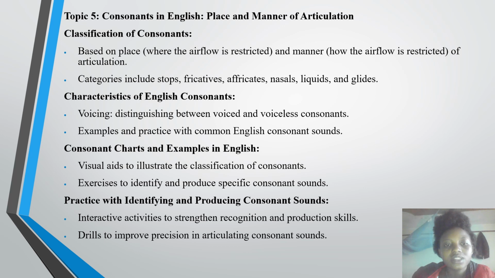Categories include stops, fricatives, affricates, nasals, liquids, and glides. Characteristics of English consonants: voicing, which is distinguishing between voiced and voiceless consonants. Examples and practice with common English consonant sounds.